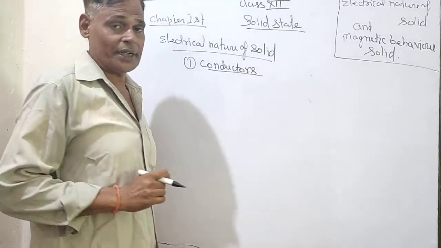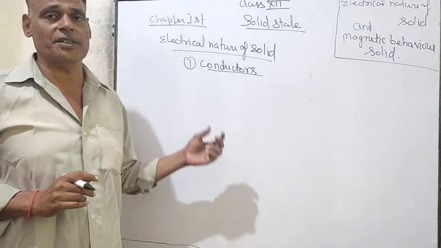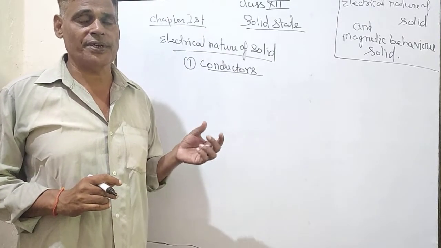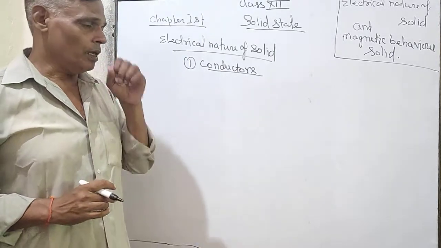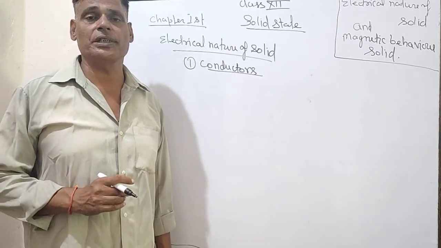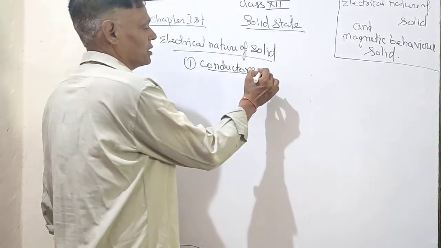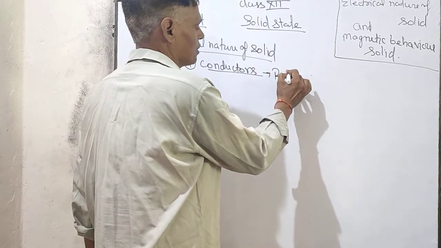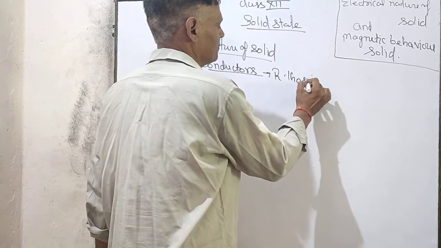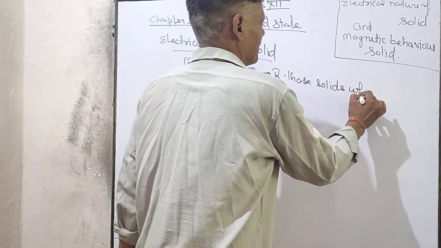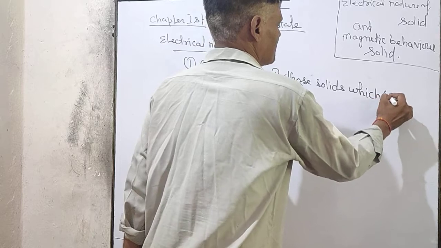So what are conductors? You have studied this topic in class 9 and class 8 also. The topic is very easy to understand. Normally all metals are conductors. So what is the specialty in conductors? Conductors are those solids which conduct electricity.